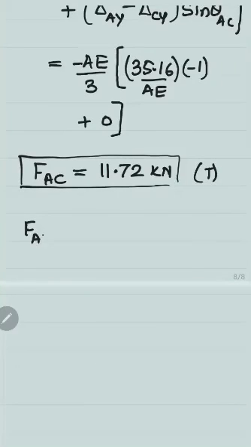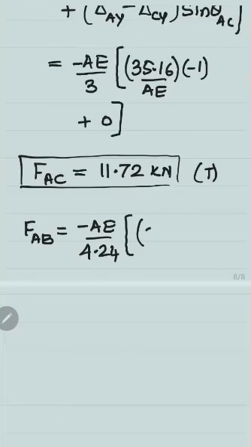Similarly, FAD will be minus AE by L, minus AE, and the length of member is 4.24 into bracket delta AX is 35.16 divided by AE minus delta BX, which is 0, into cos of theta.